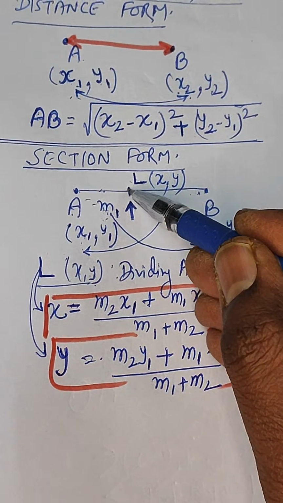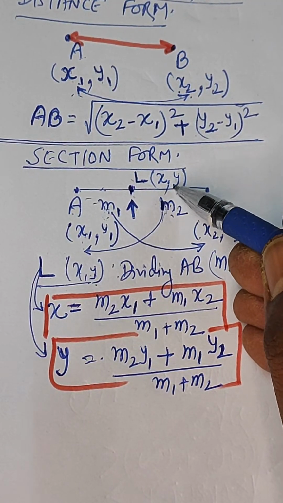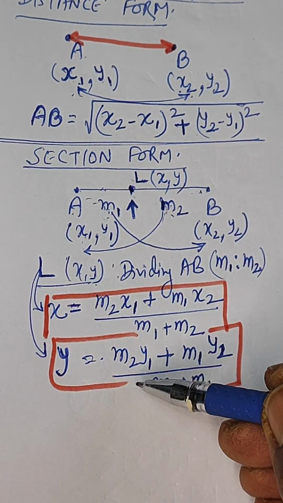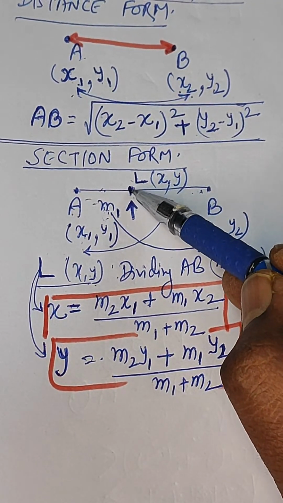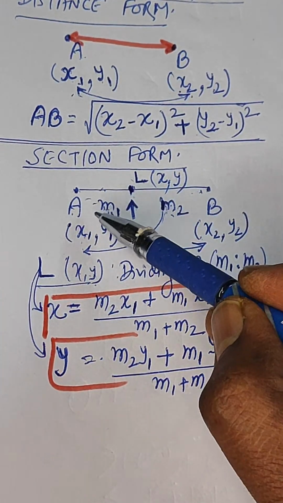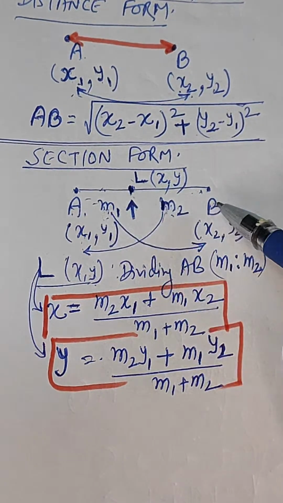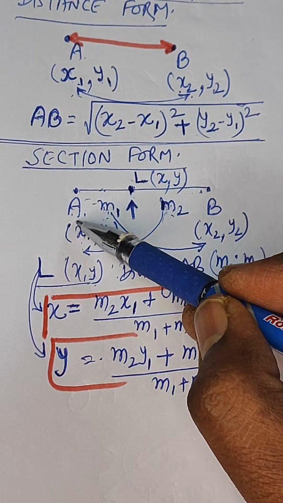If any point is given to you whose coordinates are not known, then in this way we can find the coordinates. It can also be given that the coordinates of the point which is dividing the given line are known to you, and even one of the endpoints, maybe A or B, is known to you, right? Then find the coordinates of the other one.